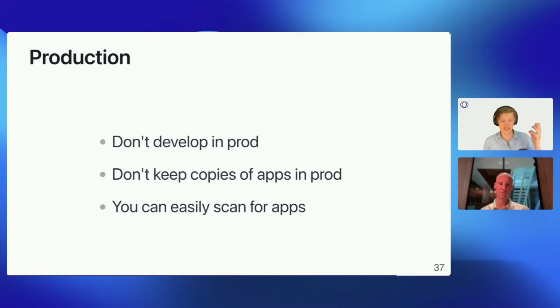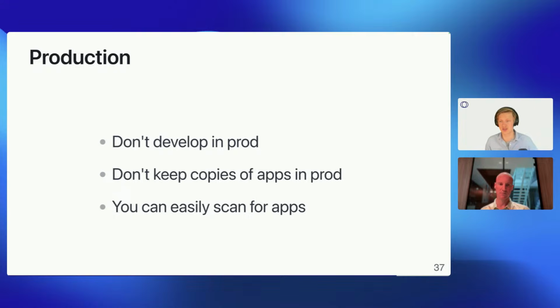What I've seen a lot is keeping copies of apps in prod. It's just, oh yeah, I do an upgrade and let me quickly do a copy of it so I'm sure. That's fine during the upgrade process, but if you leave these copies there, that could be risky, because if you have an issue in that version, you just forget about it, it's there, and people can still find it.